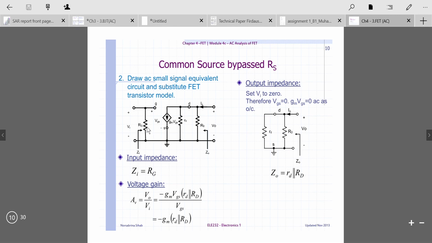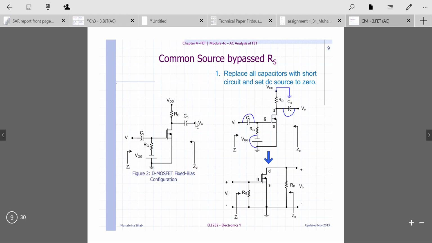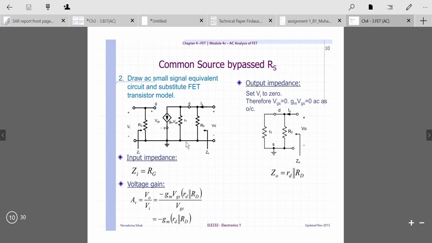As you can see here, you have RG, VGS, gm VGS, small rd, and RD over here. If you want to find the input impedance, it is equal to the value of RG.